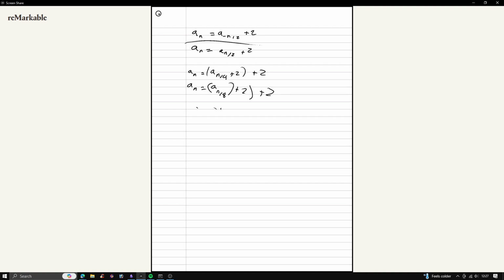And then eventually we'll reach a of n is equal to a of n over n. And then it's plus 2 times something. Usually when it's linear, it's going to be something like 2 times n, right? Or 2 times n minus 1.